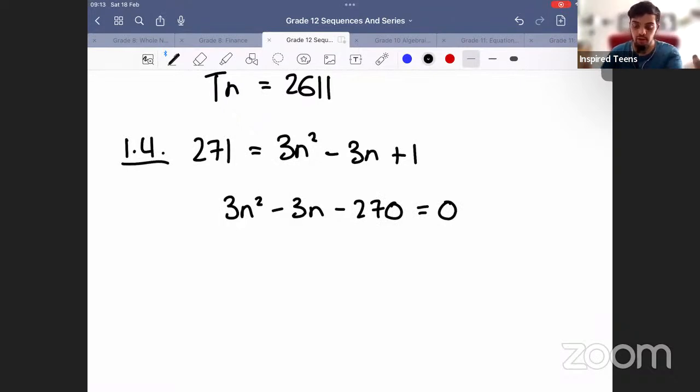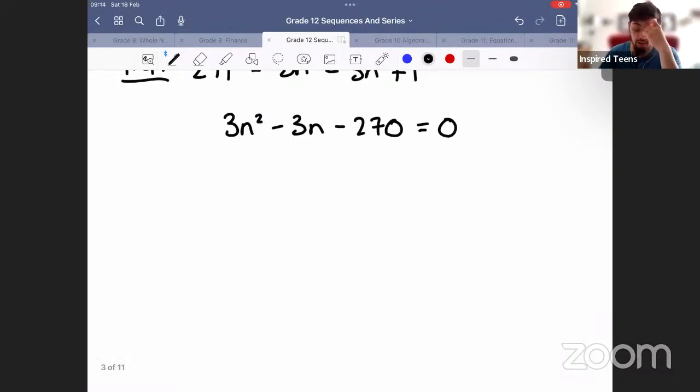So now I need to solve using quadratic formula. So you can use quadratic formula, or alternatively, you could even just factorize. All right, let's just quickly use quadratic formula. I'm going to simplify this. Dividing by 3, that's n squared minus n minus 90, I believe, is equal to 0.